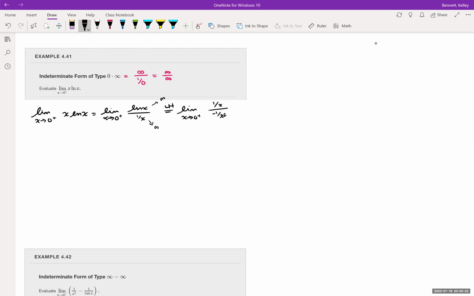And so my next step would be just to clean this up a little bit. I'm not evaluating a limit or using any fancy calculus, just algebra. So this is just -x. And as x goes to 0 from above, this becomes 0. So that's our limit for this example. And that's always the trick when you have 0 times infinity, by the way. Always do that. Make one the denominator by flipping it.